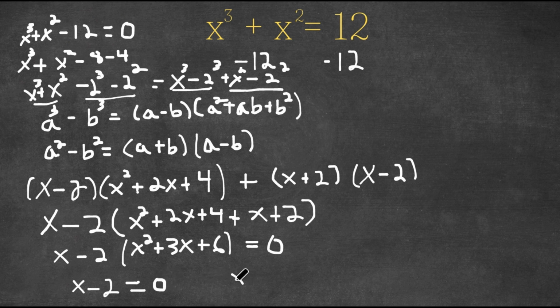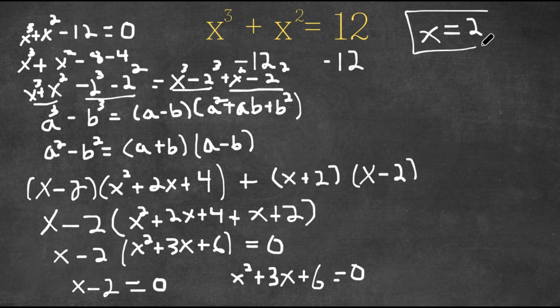and x squared plus 3x plus 6 equals 0. So for x minus 2 equals 0, we simply add 2 on both sides, so we get x equals 2. So this is one solution.